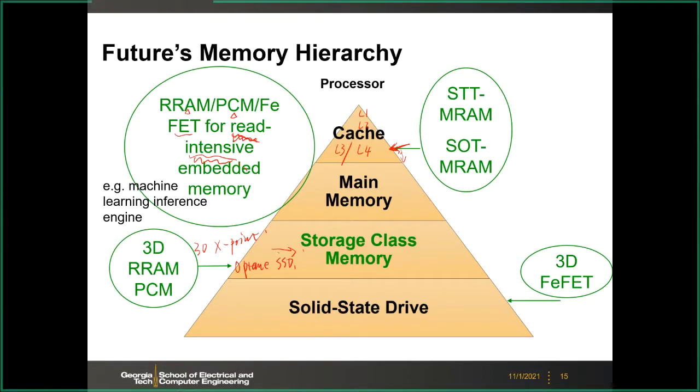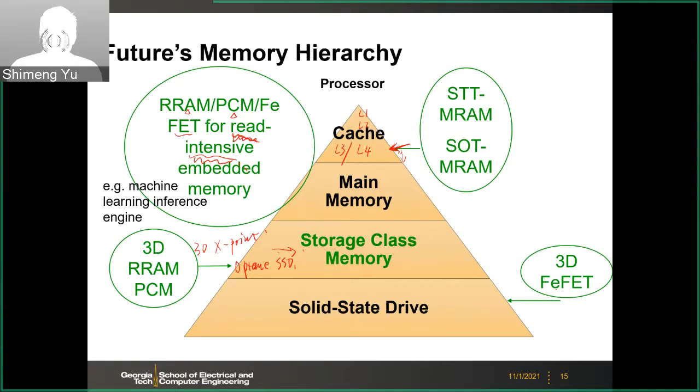And then in the future, if we can do the 3D FE-FET, because as I discussed, the FE-FET has a very similar principle to the floating gate transistor or the charge trap transistor, where you rely on a threshold voltage change. So in principle, the FE-FET is compatible with the 3D NAND flash process.